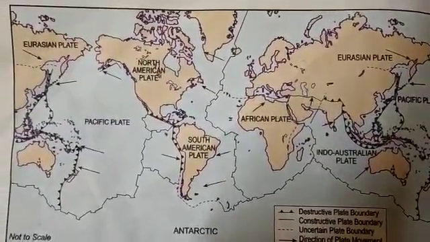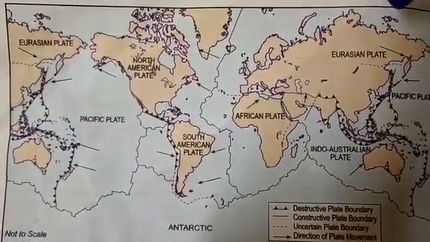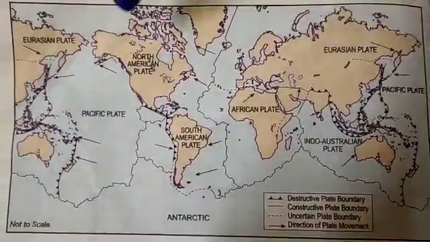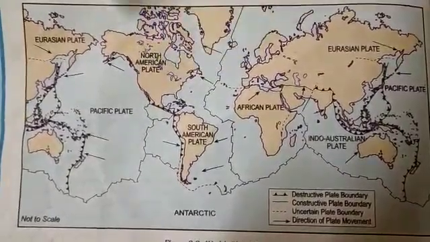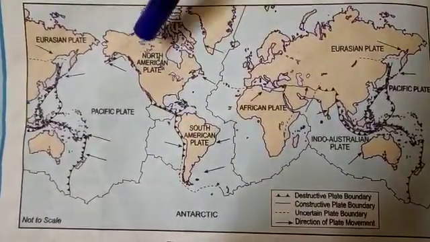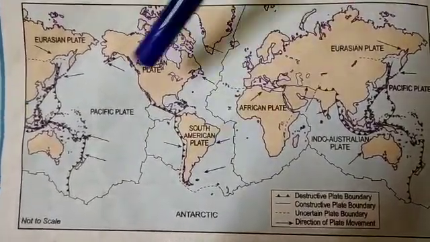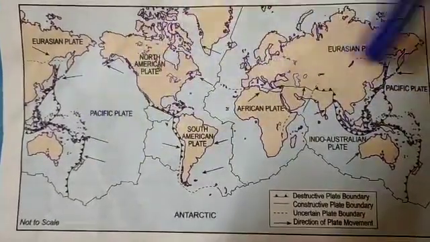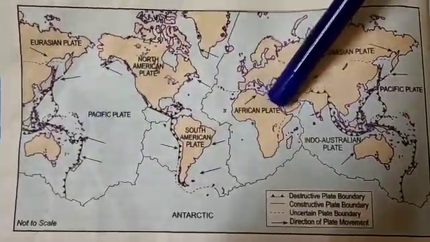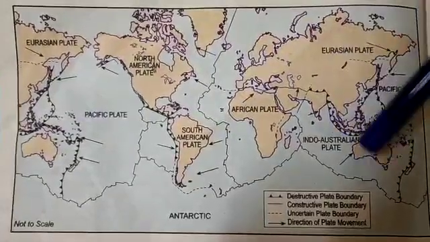So these are the 7 major plates of the Earth: the Eurasian plate, the North American plate, the South American plate, the Pacific plate, the African plate and the Indo-Australian plate.